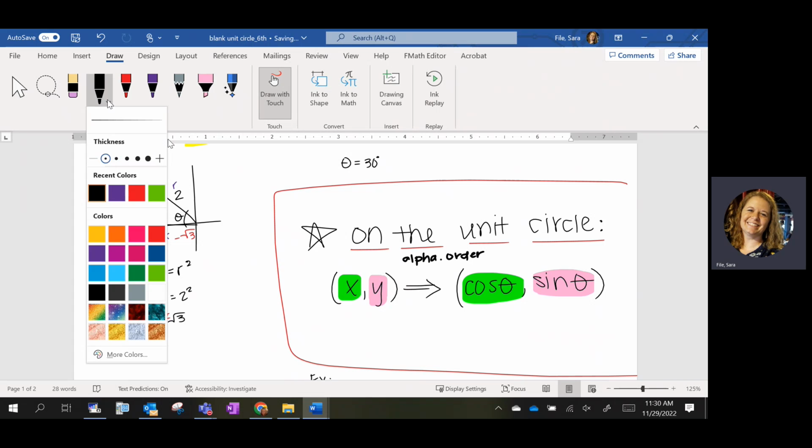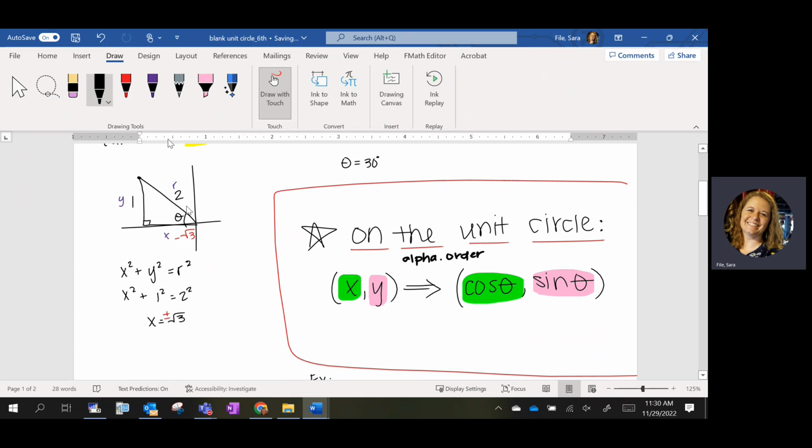Just like when we were working within different quadrants before the break, we said cosine's ratio is X over R, right? And sine's ratio is Y over R. If you're on the unit circle, what is R? I know, but what's the value? If you're on the unit circle, what's the radius of the circle? 1.